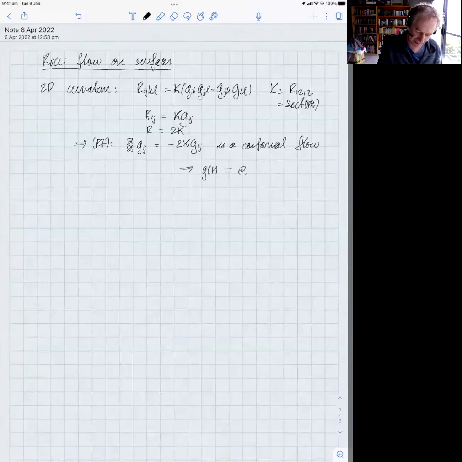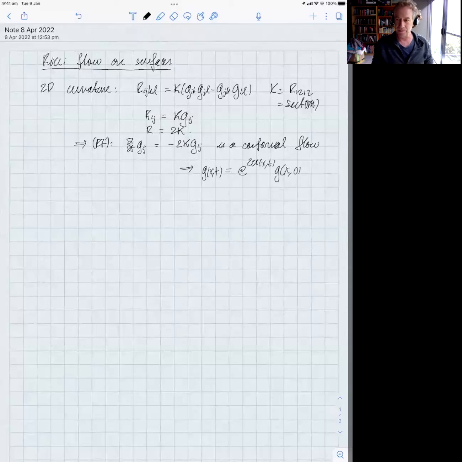So it's convenient to write that as, say, e to the 2u. Okay, so this will depend on x and t. Let's say g(x,t) will be some function e^{2u(x,t)} times the initial metric g(x,0). So really this is a conformal flow.